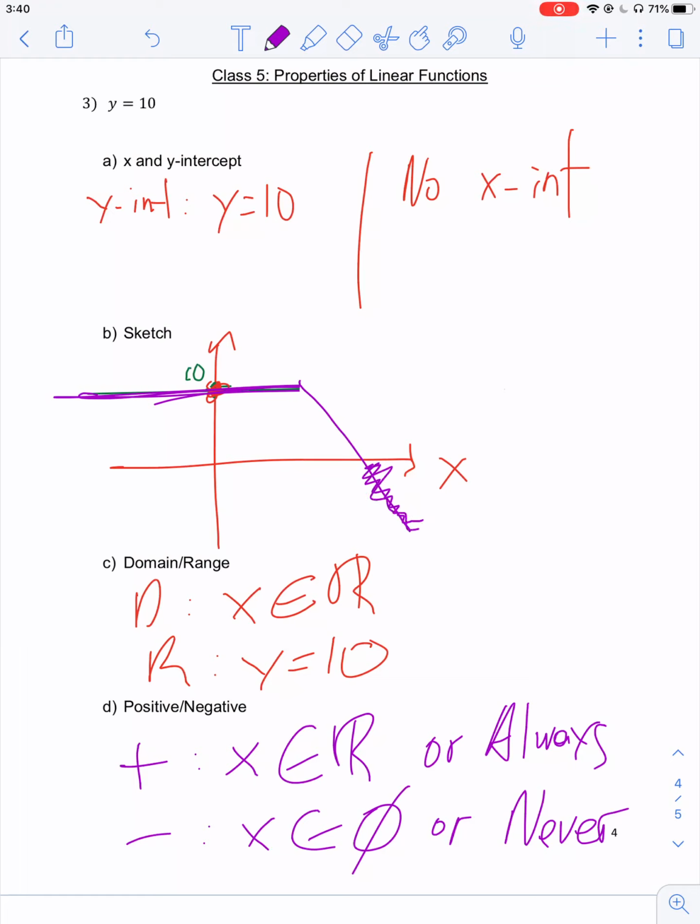It's not even going to touch the x-axis, which is why you don't have an x-intercept. So that's why it belongs to the empty set, okay? The empty set means that there is no x value that makes your function negative. So never, or x belongs to the empty set, okay? Again, these are just notations. Just familiarize yourself with them because eventually you're going to see them, okay?